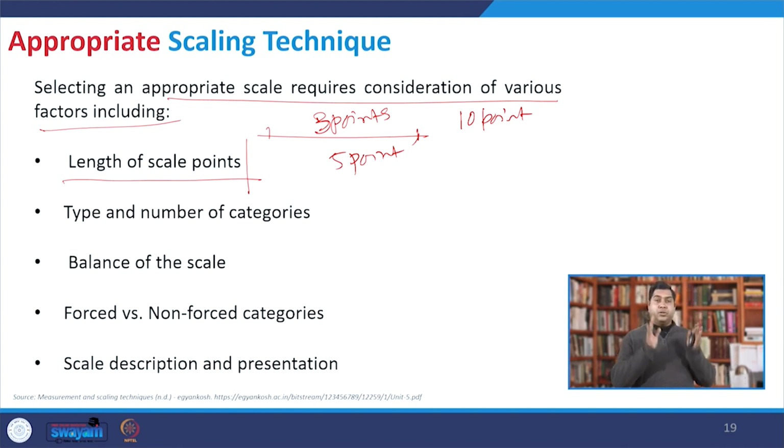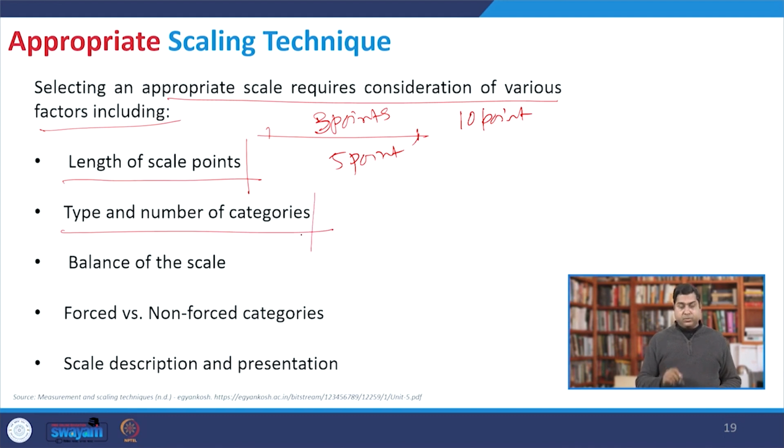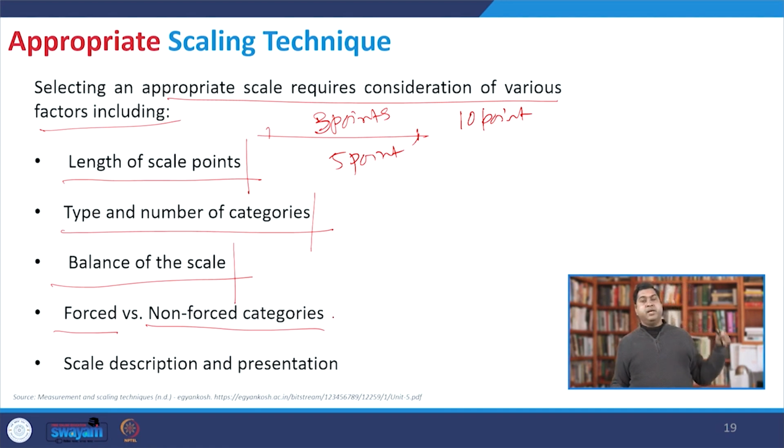You also have to review the literature where this kind of study has already been conducted. Type and number of categories, that you also need to see. Balance of scale, that is the odd-even thing. Forced versus non-forced category: where you want some definite answer, you have to go for some kind of forced choice, that okay, even if I am not very sure, I want to be neutral, but I have to take a call.